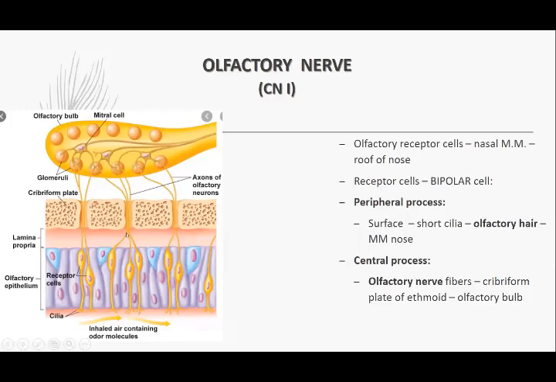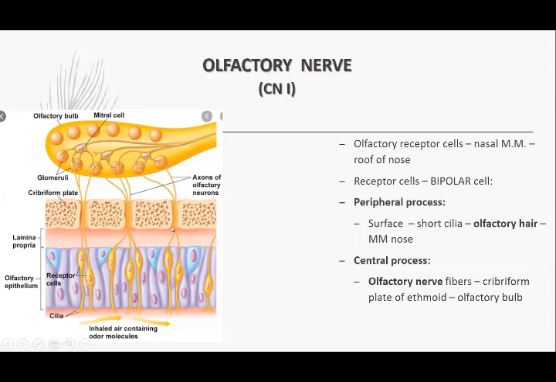This axon and surrounding axons collect together and form this structure called the olfactory nerve. So the olfactory nerve is formed by the central processes of bipolar cells present in the olfactory mucous membrane on the under surface of the cribriform plate.